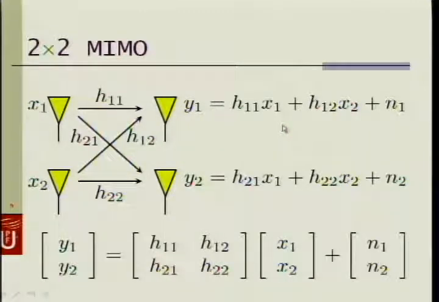A naive observation could be, okay, we have a system of two equations and two unknowns. We observe Y1 and Y2, we assume that the channel state information, that is, the values of H, are known at the receiver, so we solve a linear system of two equations with two unknowns.